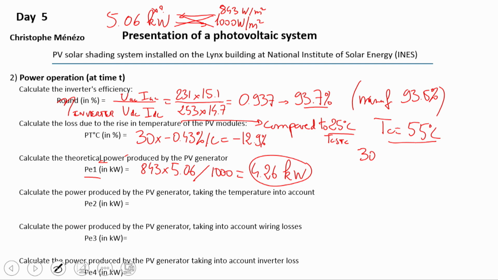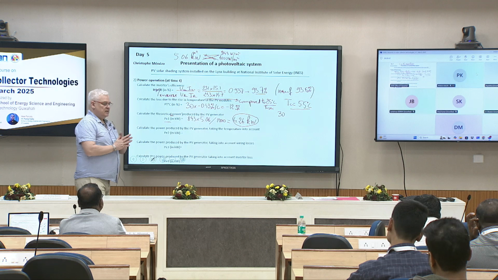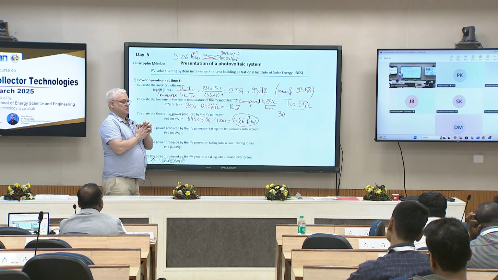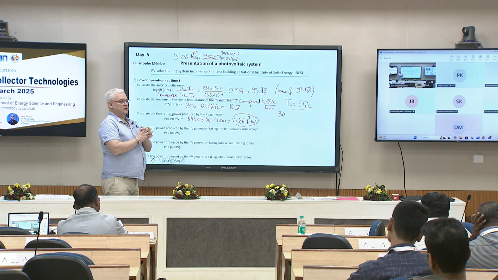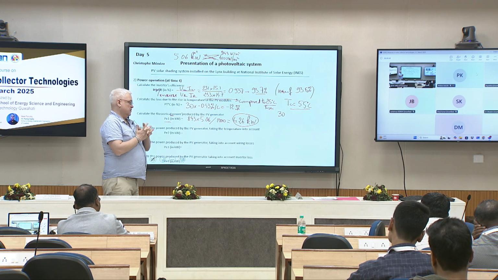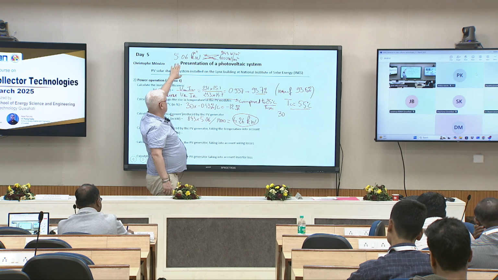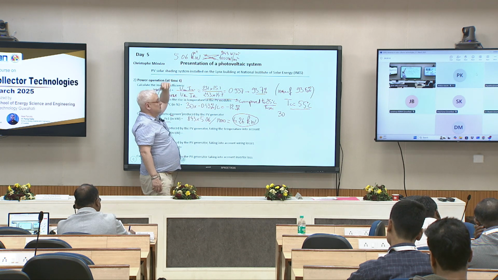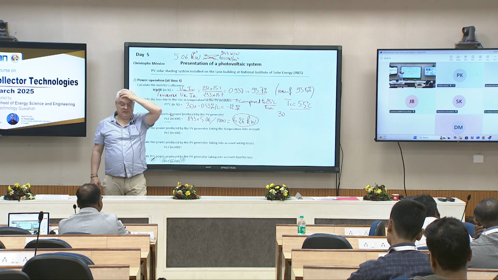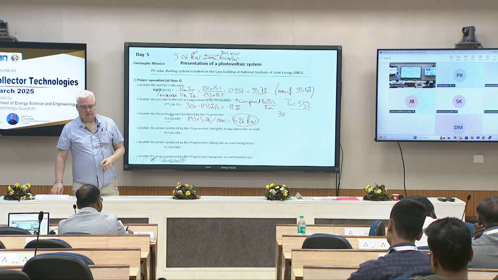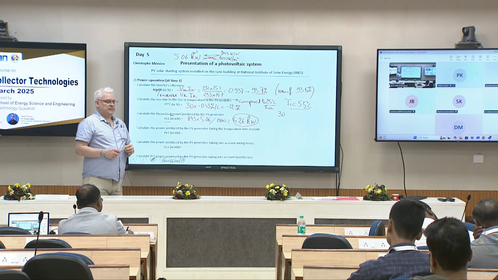So this is just related to the solar radiation. If I was at 1000 watt per square meter, the power would be 5.06 kilowatt, without considering the effect of temperature.